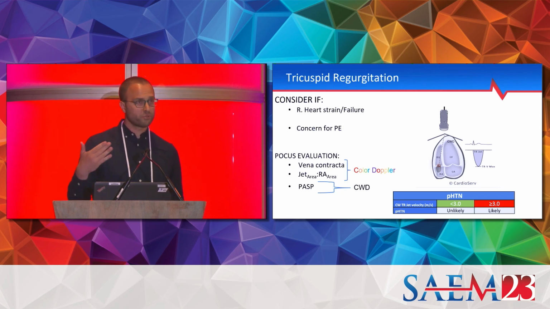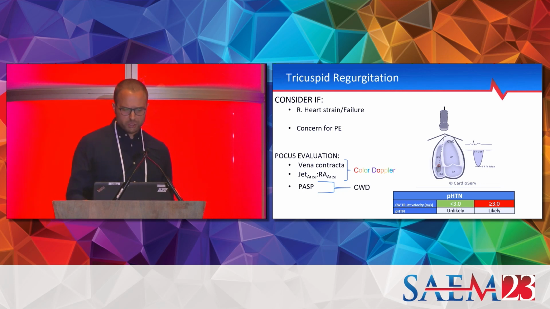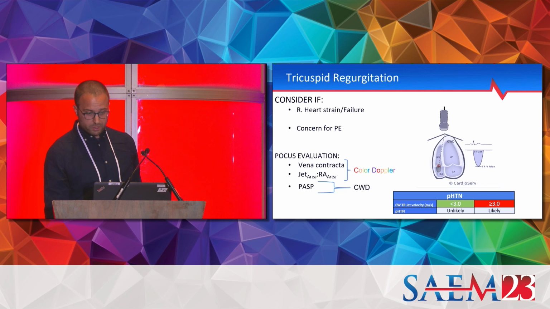Somewhere around 80% of the population is going to have at least some trivial amount of tricuspid regurgitation. So we can go ahead and measure that by running our continuous wave through the tricuspid valve and measuring what the peak regurgitant flow velocity actually is.